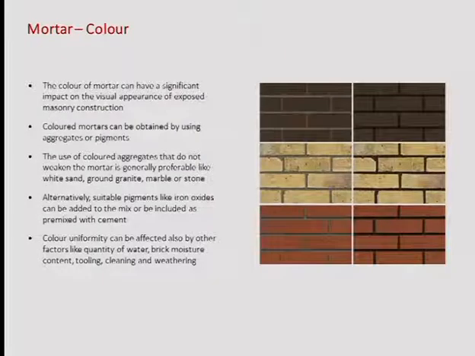Great. Color, as I said before, the mortar can actually have a significant impact on the final aspect of the wall. You see here there are brown, light yellow and red bricks, so different types of clays, and I'm comparing a light and dark mortar applied to the same system.